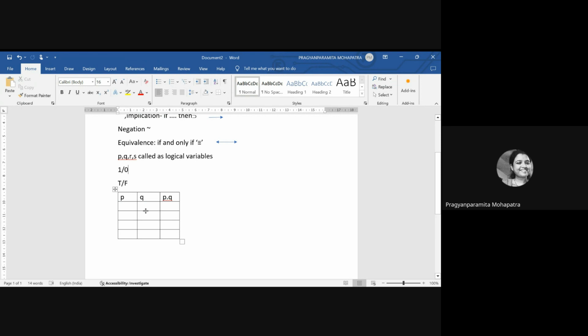Okay. So we will begin with the last proposition. This is a truth table that I have drawn.